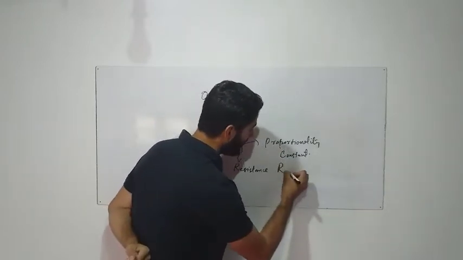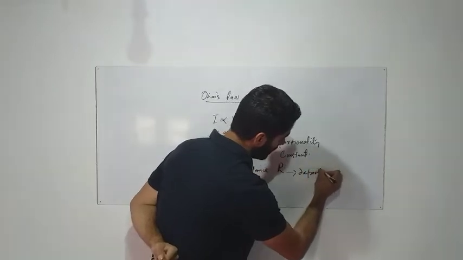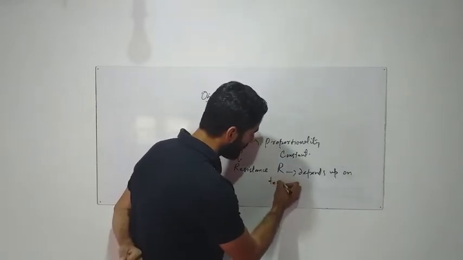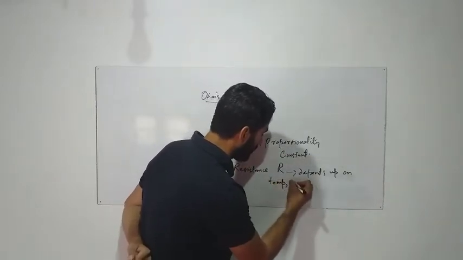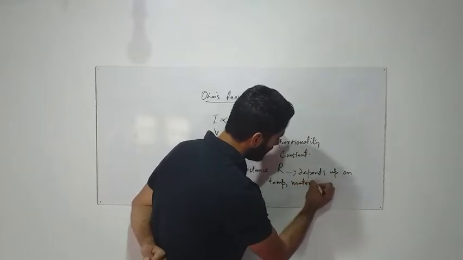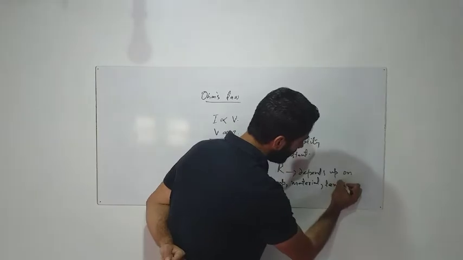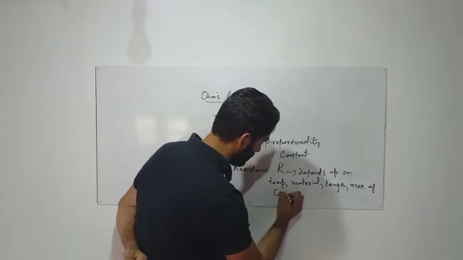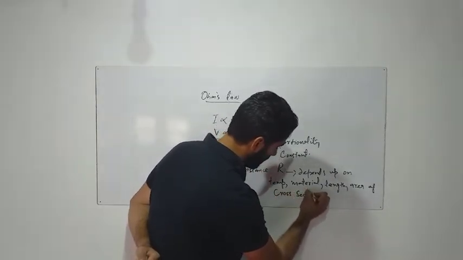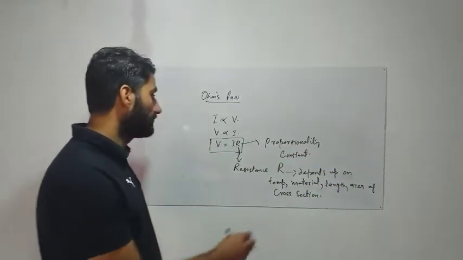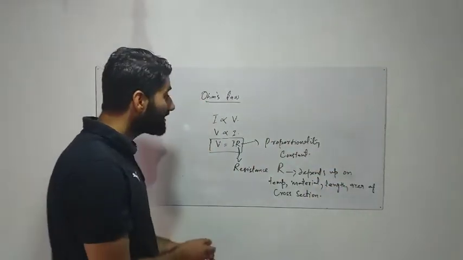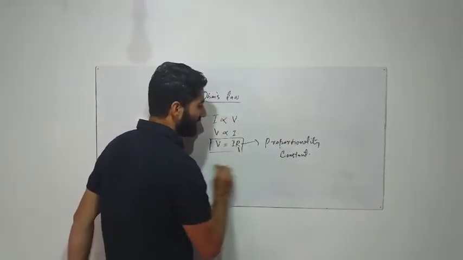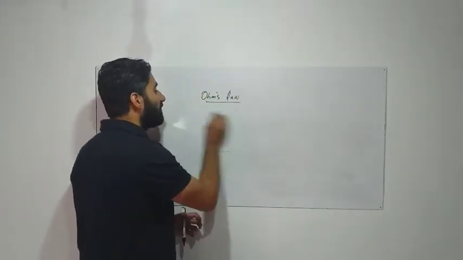That is, this R depends upon temperature, material, length of the conductor, and area of cross section. So this relation can also be written in another form.